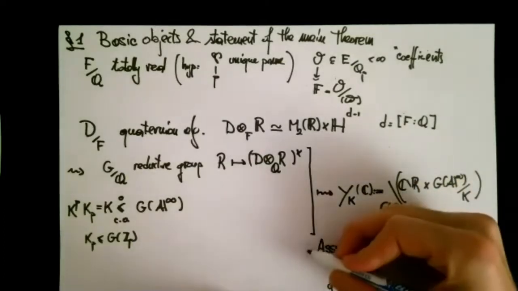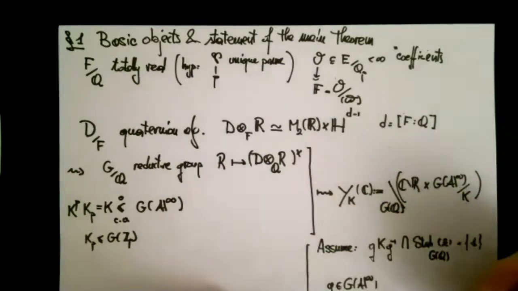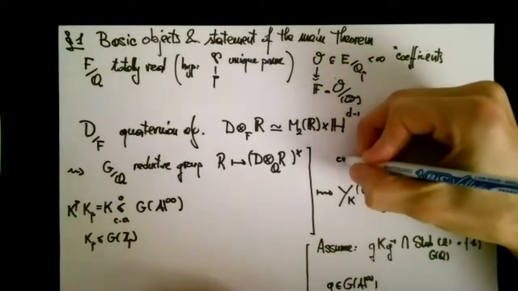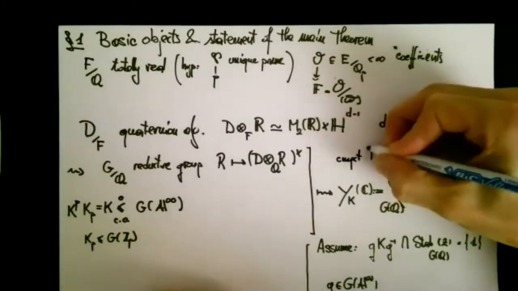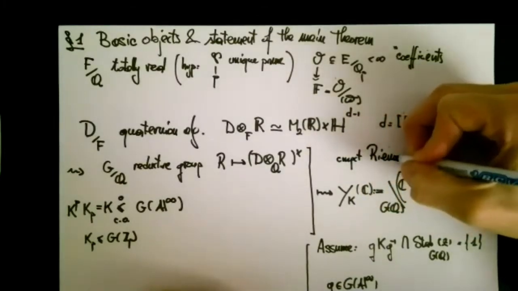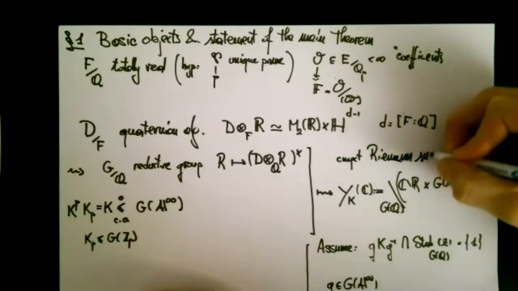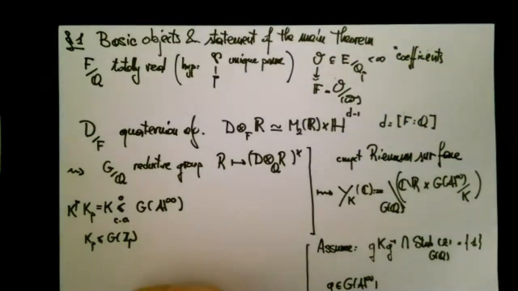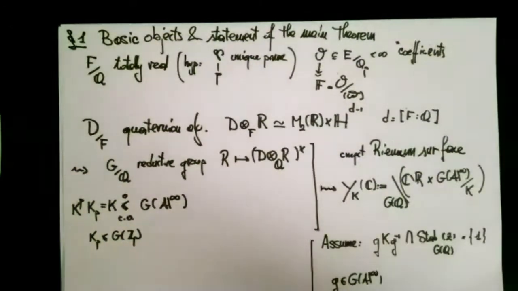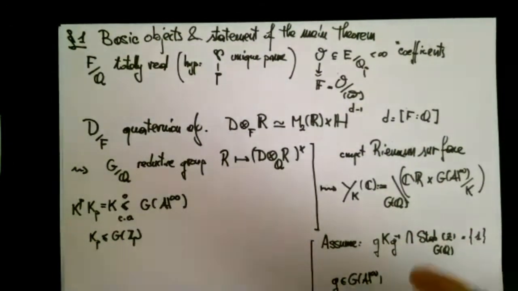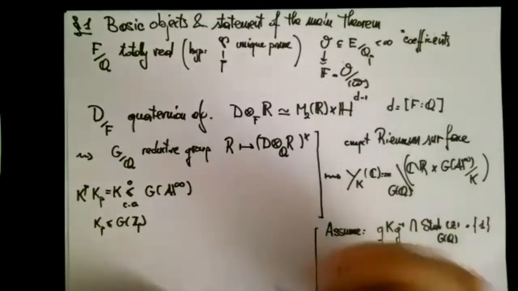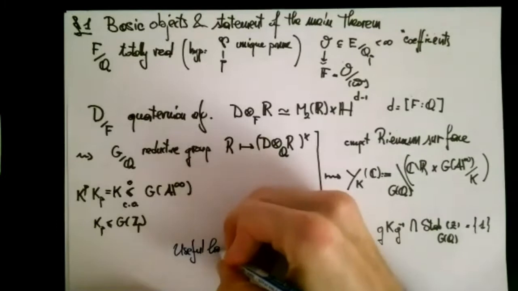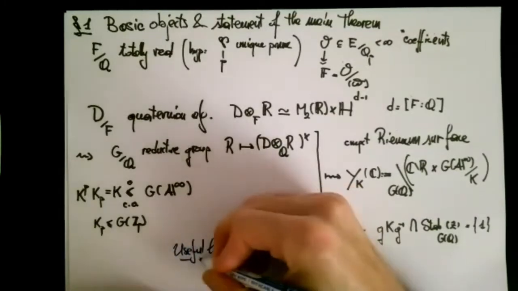So this implies that this is a compact Riemann surface. And now, something which should be useful later. Whoops. So I use another color now. So now useful later. And why it will be useful later?